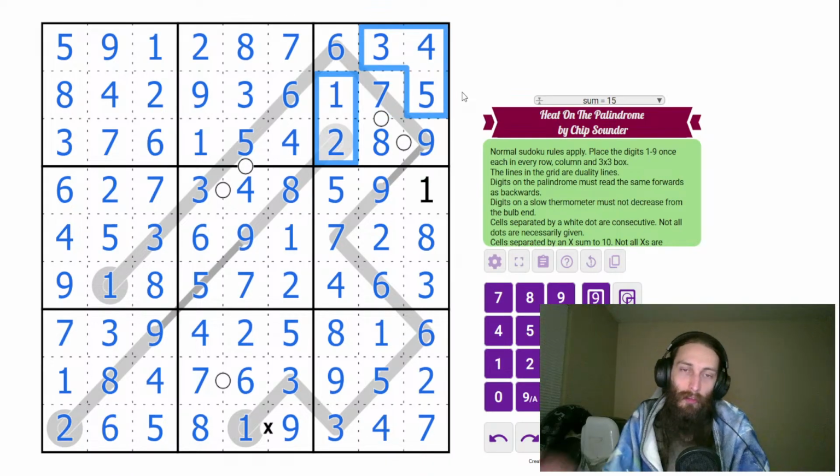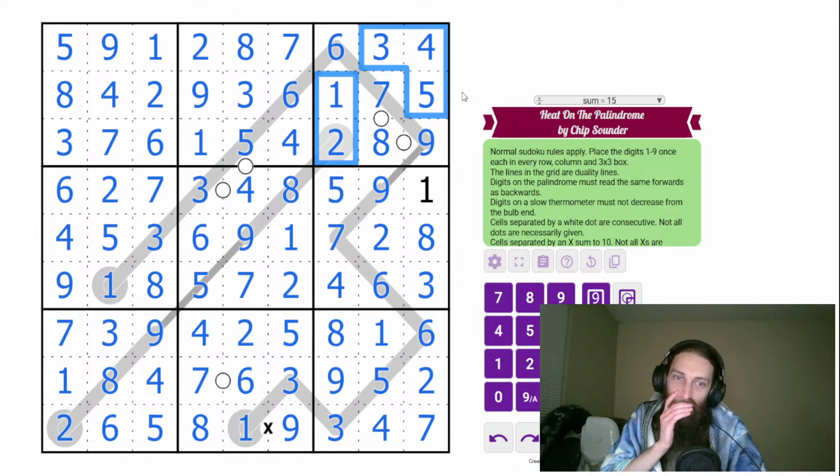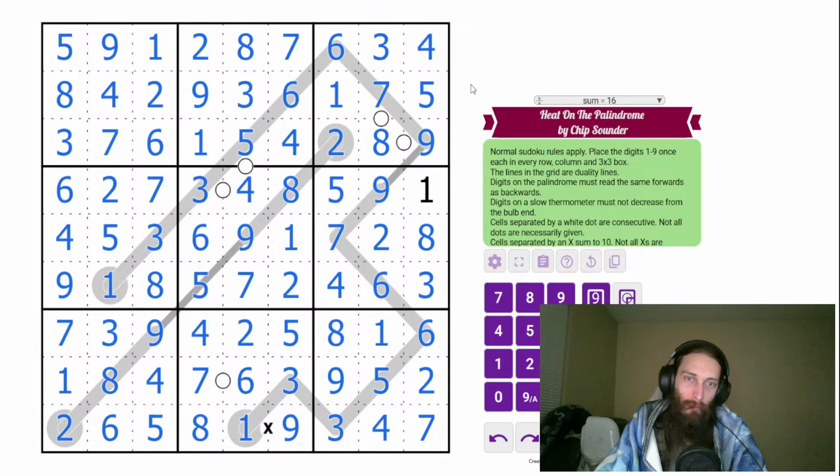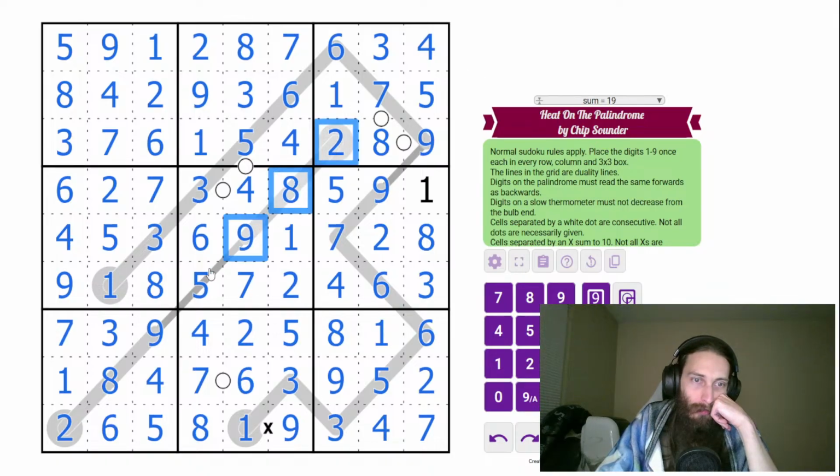Just try not to highlight the 7. Even with this one, and I don't think that one was placed yet. But yeah, anyway, that's just where my brain went with this puzzle.